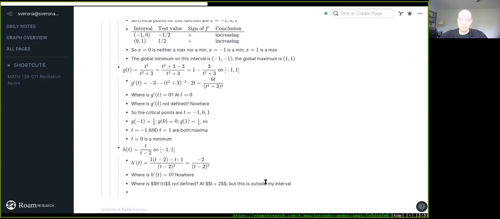I'll say the interval. I won't be possessive with it. So the only critical points this function has on this interval are my endpoints, right? t equals -1, t equals +1.